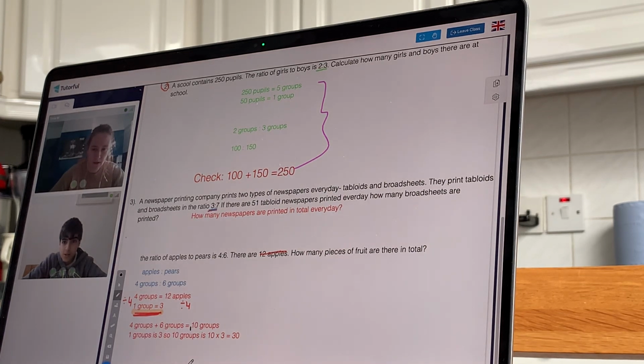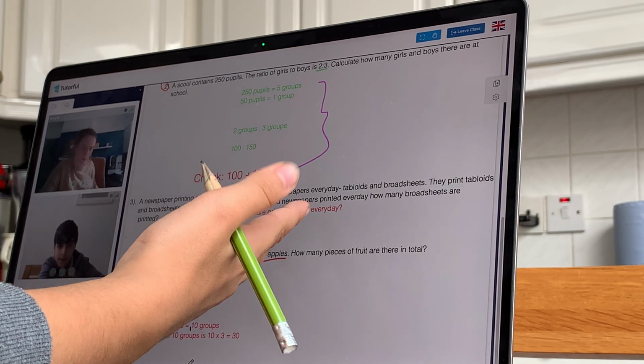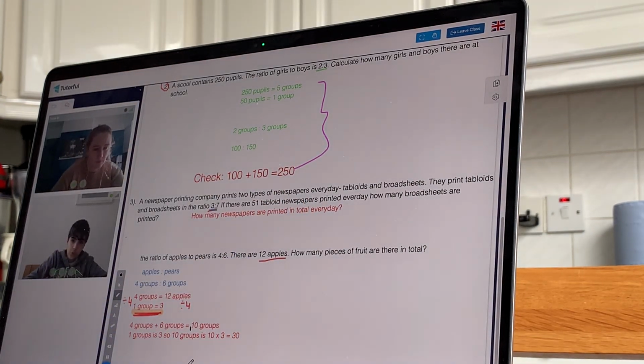Say we had a similar question like that, and we wanted to find the total. So let's just say 4 to 6. And then I added them together, which made 10. And then I multiplied 10 by 6, and it made 160.